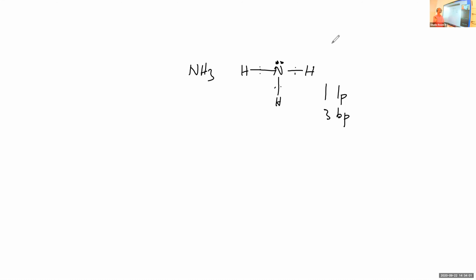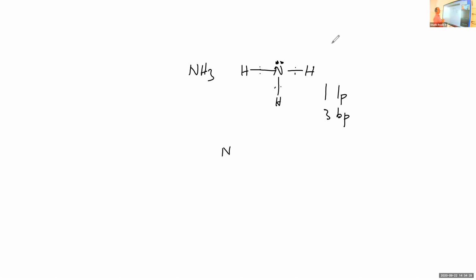Out of these four pairs, one is a lone pair, a non-bonding electron pair, and three are bond pairs of electrons. So the structure should be as before. The nitrogen atom is at the center of the tetrahedron, and the electron pairs will be directed towards the corners of a tetrahedron.